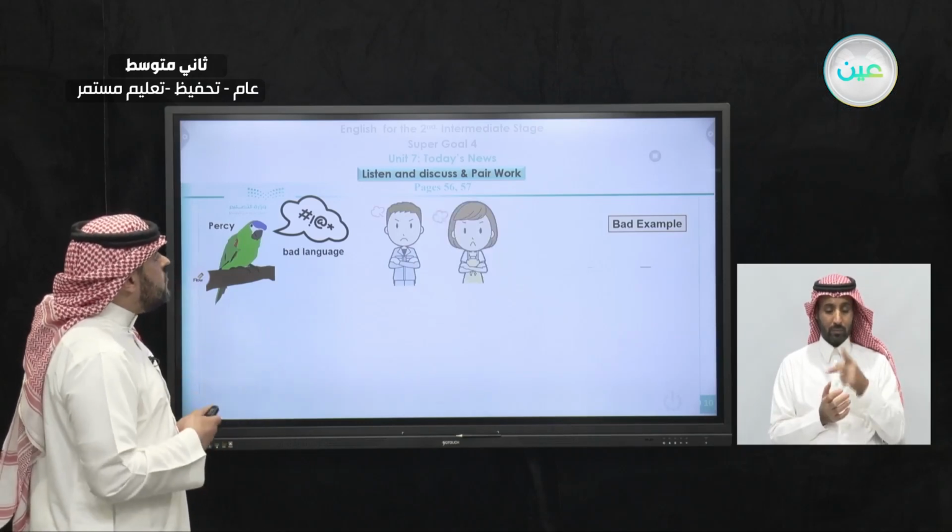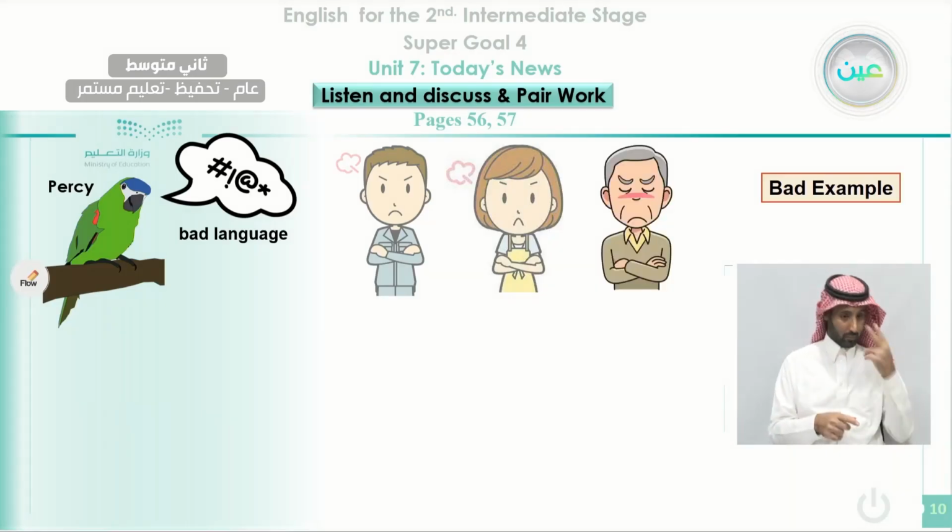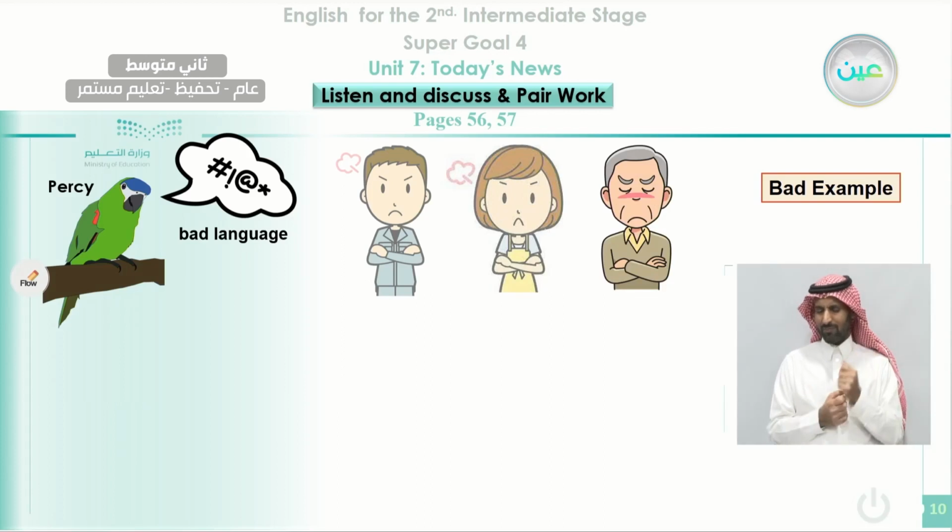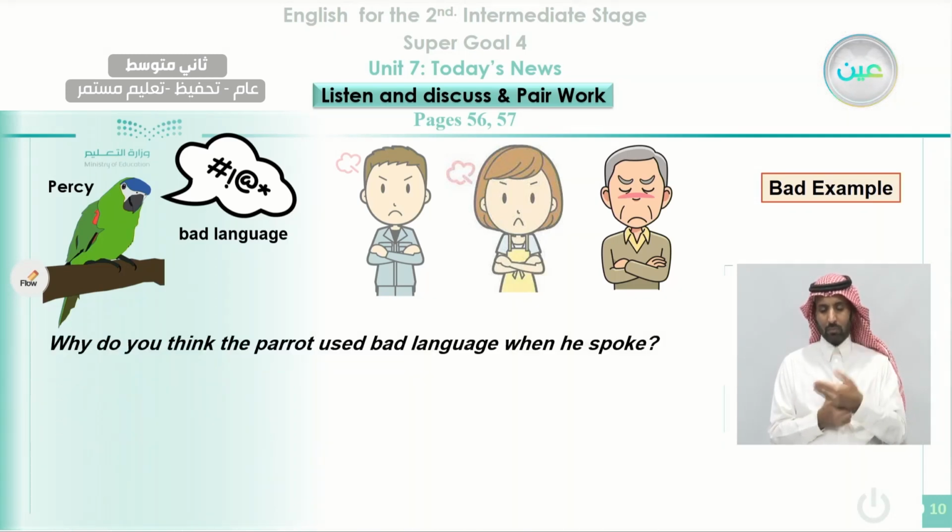When the crowd was there in the zoo, they heard something bad that this parrot, Percy, said. What was it? And what happened at that time? What happened to the parrot? That's what you're going to find out when you read and listen to this section. Now let's ask some questions about this passage. Why do you think the parrot used bad language when he spoke?